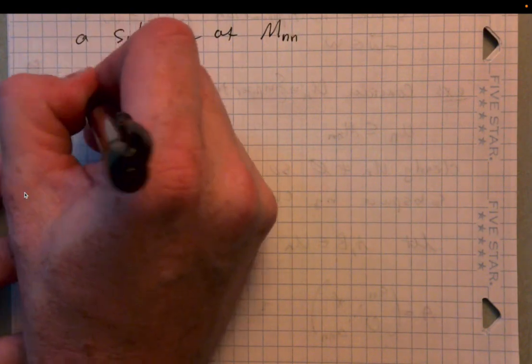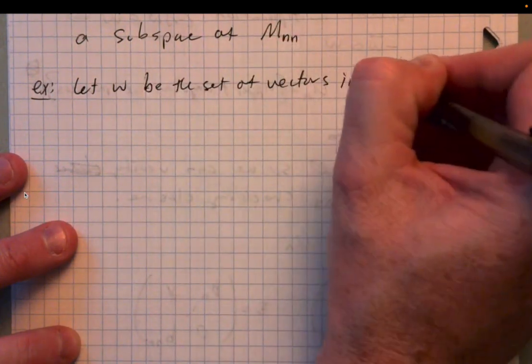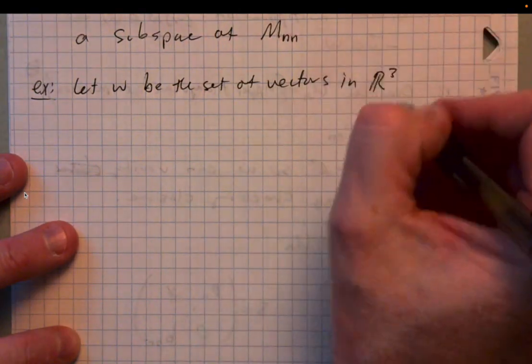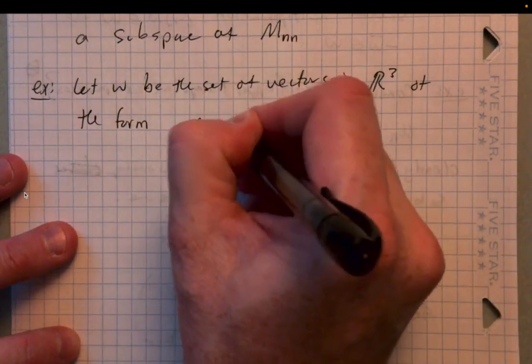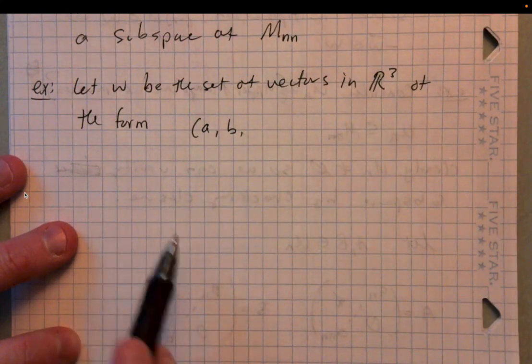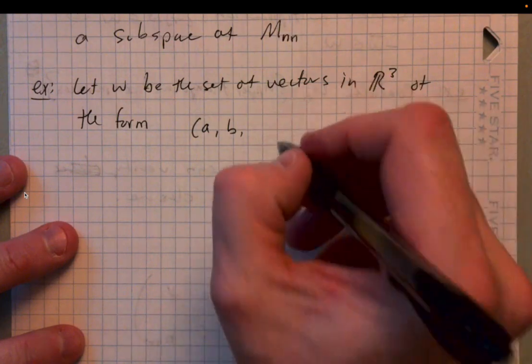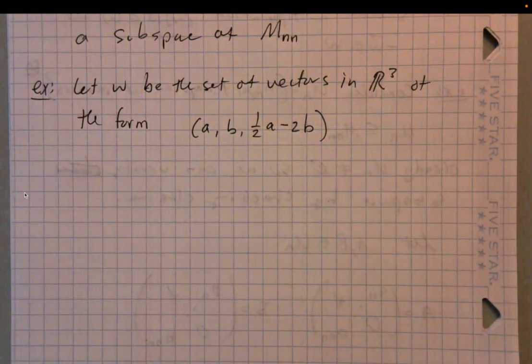Let W be the set of vectors in R3 of the form (A, B, ...). So the first two components can be anything under the sun, but the third component would be 1/2 A minus 2 times B. Okay, so basically the third component is half the first component minus twice the second component, right?